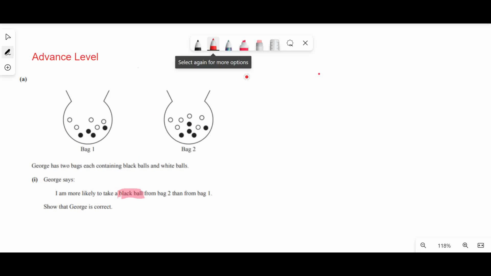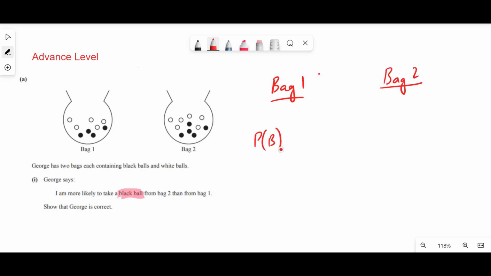Let's see that in bag 1, the probability of black balls, and then bag 2, the probability of black balls. So the probability of black balls from bag 2: we can see that 1, 2, 3, 4, so it will be 4 divided by total balls. We have 1, 2, 3, 4, 5, 6, 7, 8, 9.